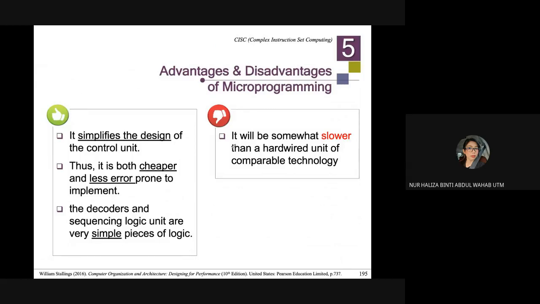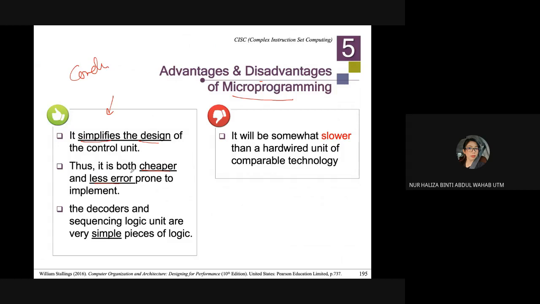Now, after you've been through all under your control unit, what you need to do is a conclusion. Of course, the conclusion is what are the advantages of your microprogramming. So now it's listed, which are the advantages of microprogramming. It is simplest in design, and it's both cheaper and less error-prone than if you're having the hardware.